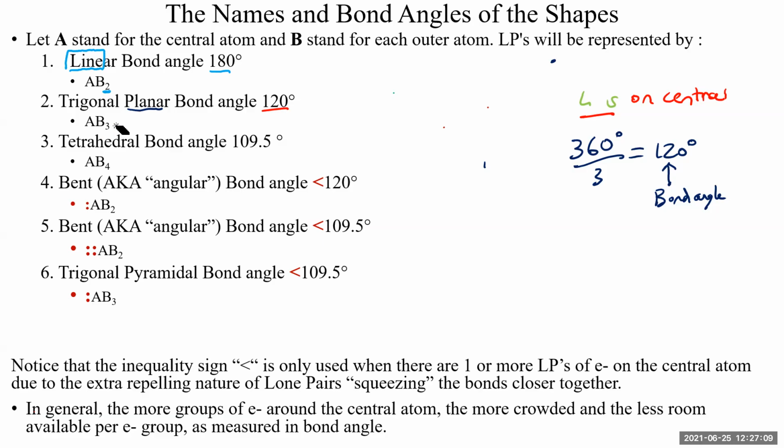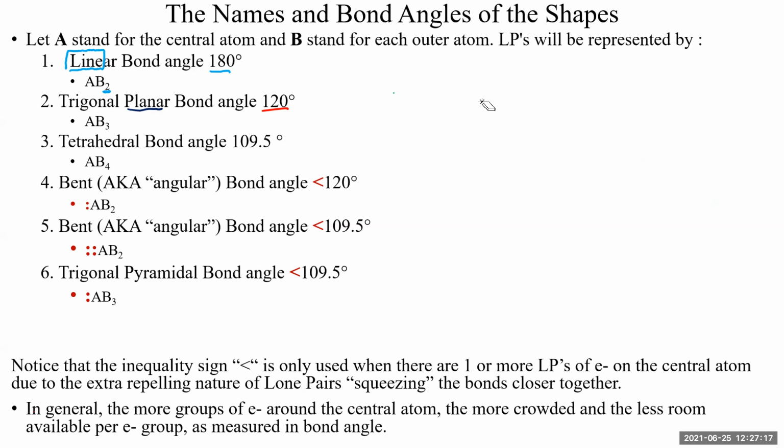So the next one is the tetrahedral shape. Tetrahedral, tetra means 4, hedron means sides or sided. So tetrahedral molecular geometry is going to be a 4-sided figure, or it's going to create the outline or the corners of a 4-sided figure.